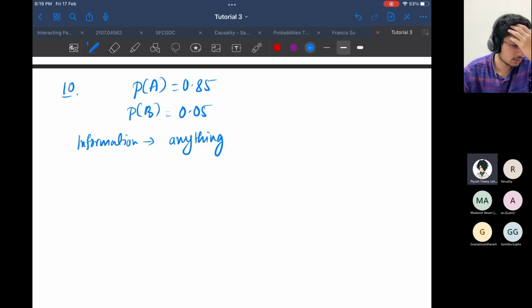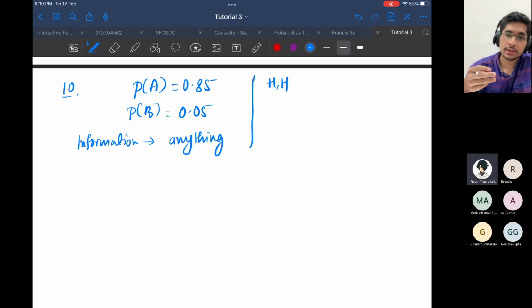So, for example, let me give you an example. Suppose there is a coin. On both the sides of the coin, you have heads. Okay, so you have heads, heads. All right. And if I ask you to toss the coin, you get something. So would I need to know what your output is to tell what the actual output is? No, right?